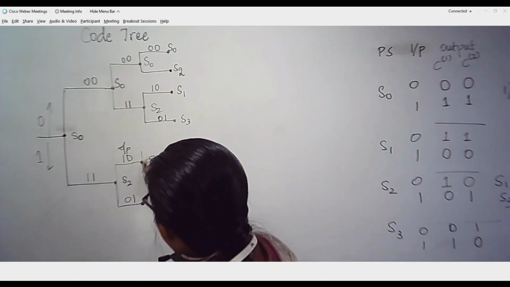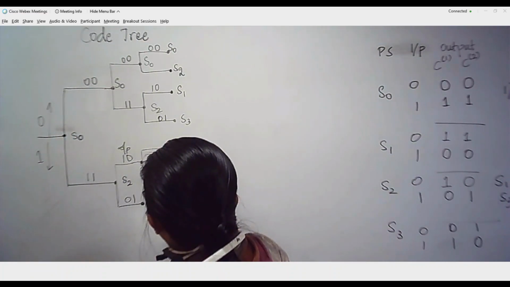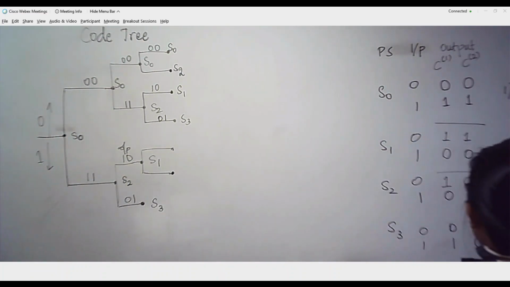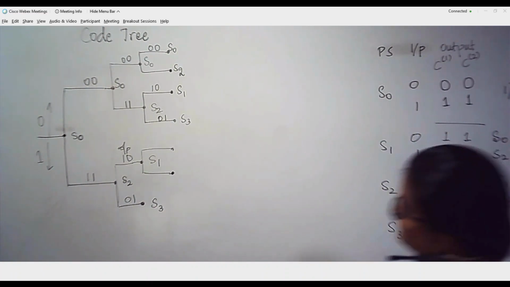From S1, again if you give input 0 and a 1, to which state will you go? From S1, if you give a 0 as an input, to which state would you go? S0. Okay. If I give 1, S2, correct.